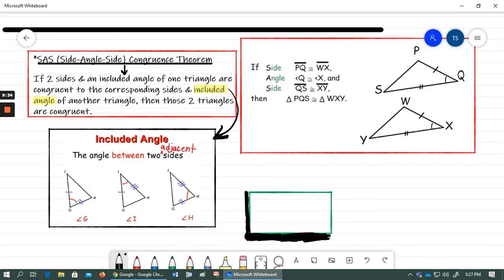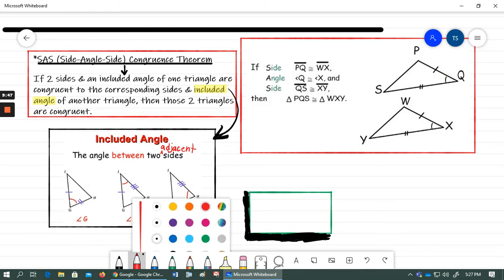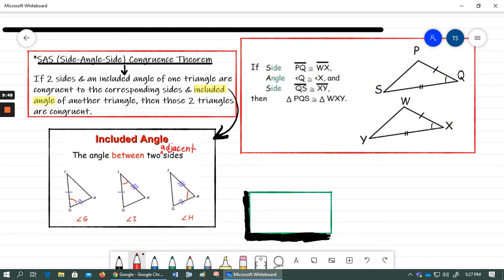So anyway, we got this four-sided polygon, which we call a quadrilateral, and we got 2 adjacent sides here. The included angle for those 2 adjacent sides would be this one right here. The angle that's literally right between those two sides. The angle that pretty much gets formed by those two sides.